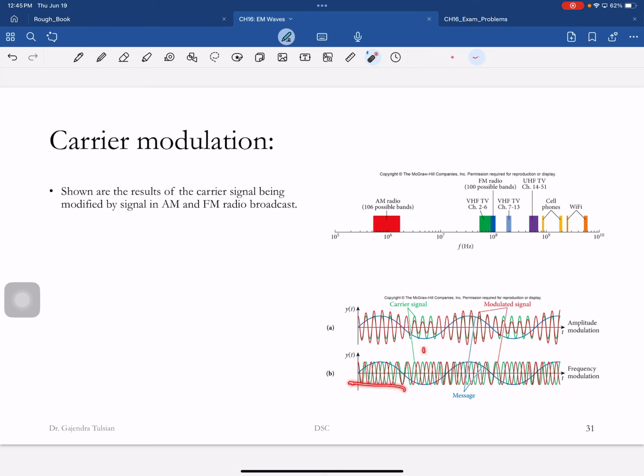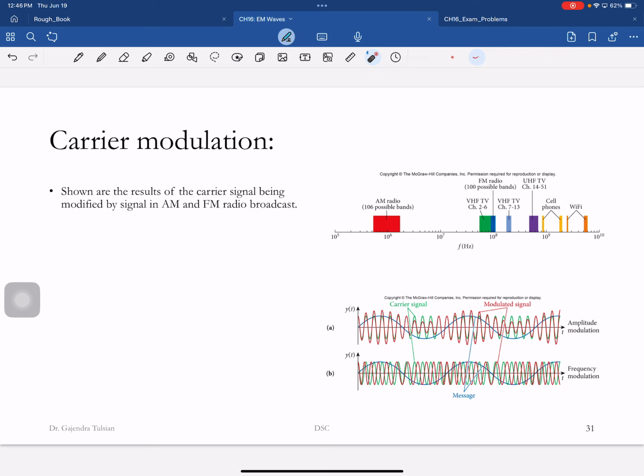With frequency modulation, there's a carrier signal, and you break up this message into little bits, and you do a Fourier transform, and you change the frequency of the carrier signal. You see, the amplitude of the carrier signal is the same, its frequency is shifted. That's how you encode the information.